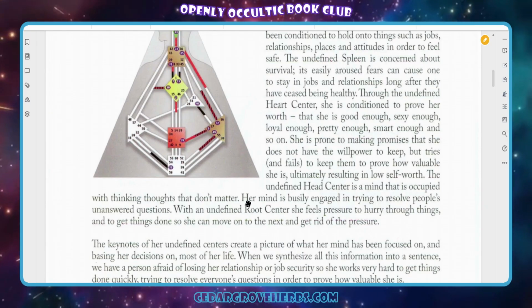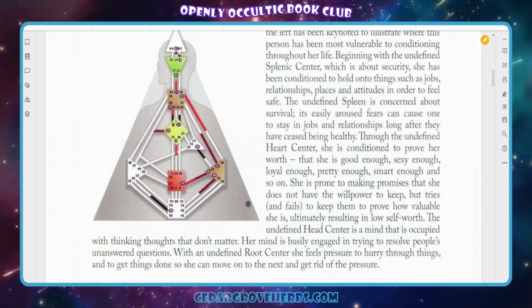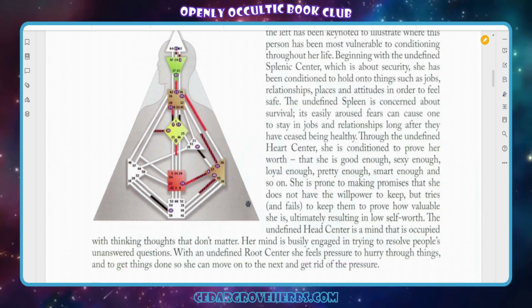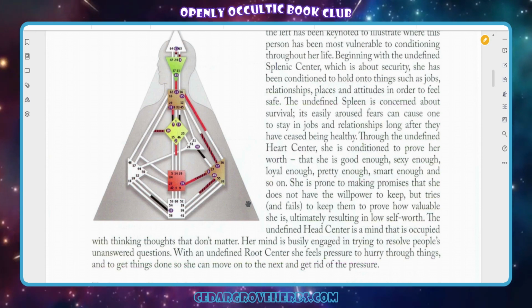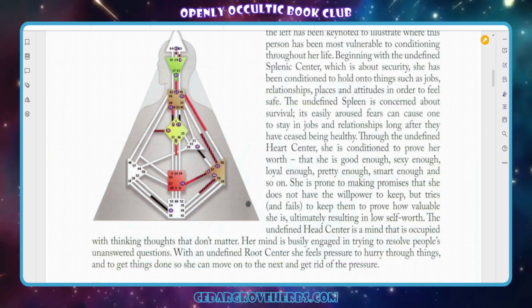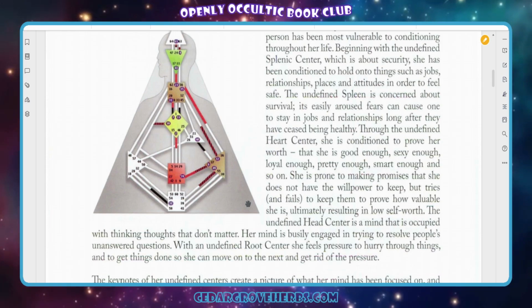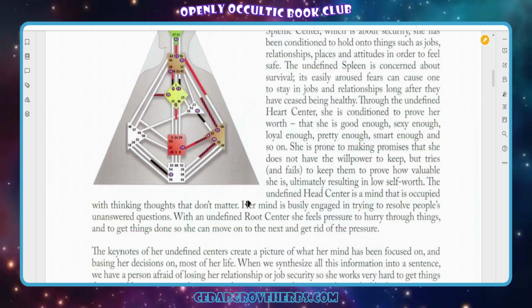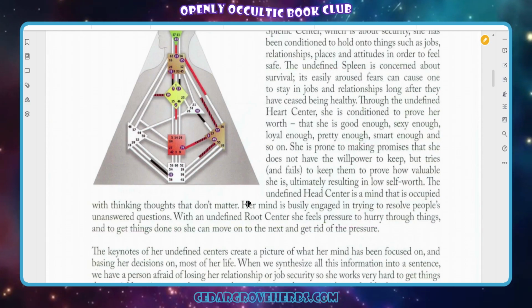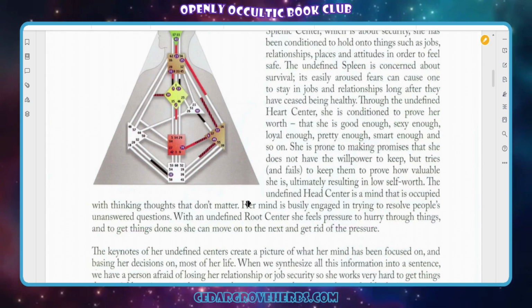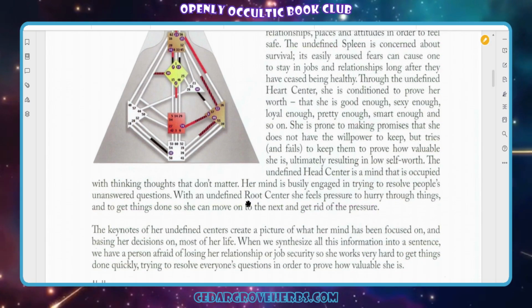The undefined head center is a mind that is occupied with thinking thoughts that don't matter. Her mind is busily engaged in trying to resolve people's unanswered questions. With an undefined root center, she feels pressure to hurry through things and to get things done so she can move on to the next and get rid of the pressure.